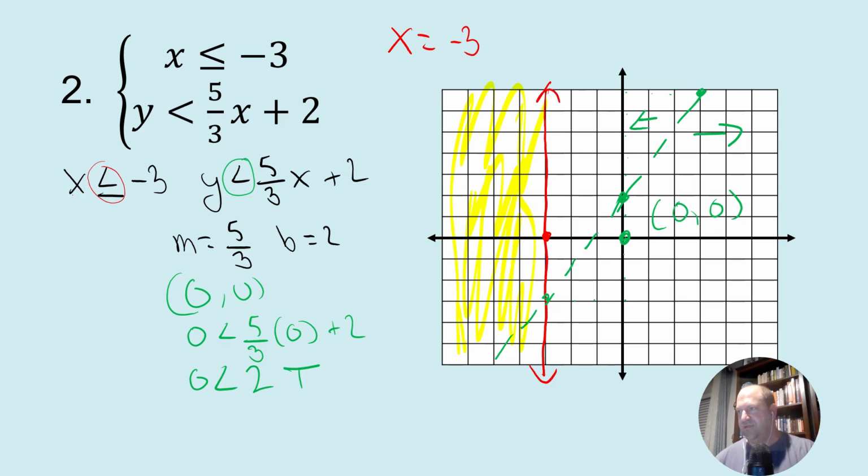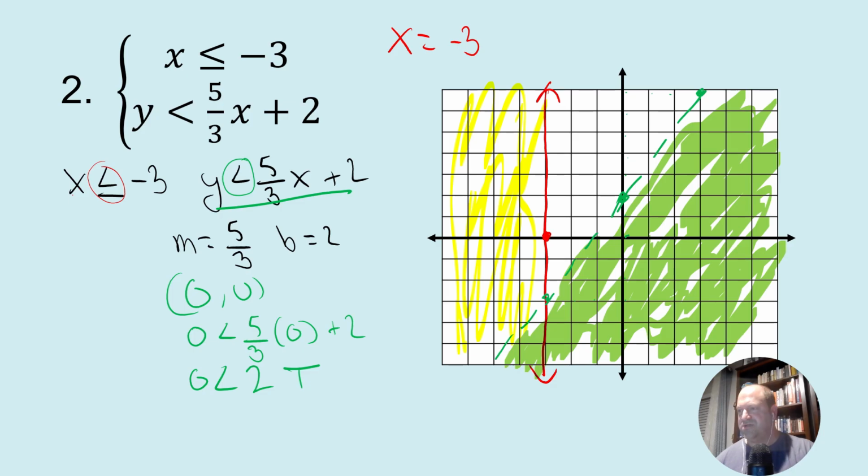So we want to shade to the right, since the point (0, 0) is true in our inequality. So I'm going to shade this in green for this entire section.